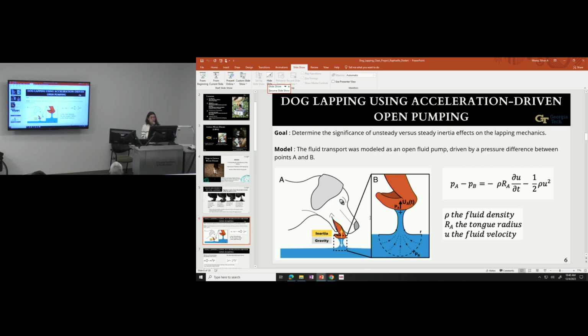In order to determine the inertia effects, 19 dogs were filmed while lapping, and they modeled the fluid transport as an open fluid pump driven by the pressure difference between point A and point B. The reduced order model equation here was considered: the difference of pressure is equal to the unsteady effects and the steady effects.